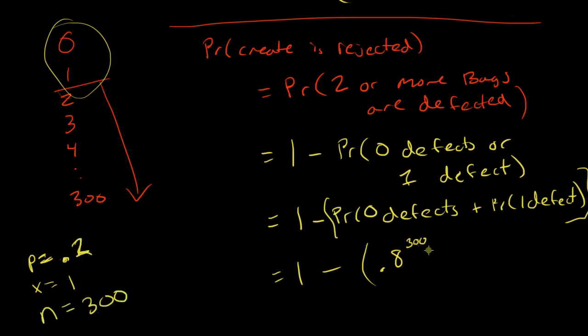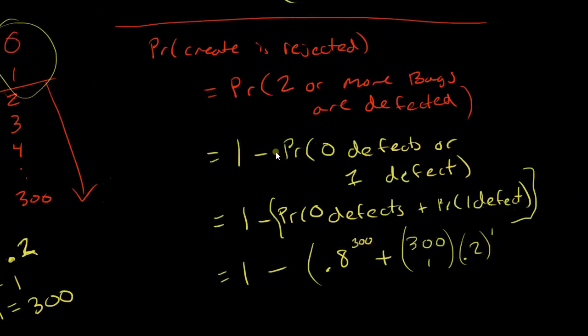So I'll use my binomial distribution where I have 300 choose 1, times p, which is 0.2, raised to the x power, times q, which would be 0.8 raised to the n minus x power.